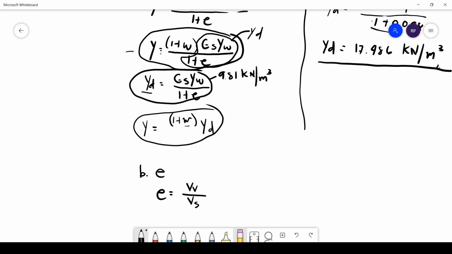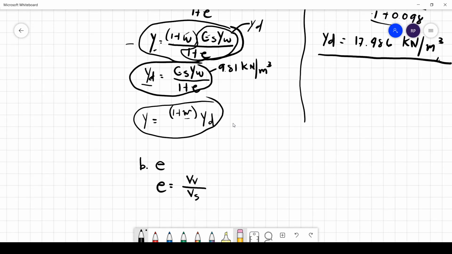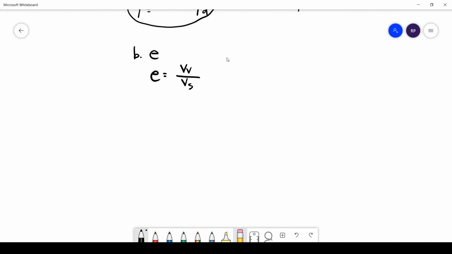Ito, yung moist unit weight. Meron naman tayong moist unit weight. Meron rin tayong moisture content, specific gravity, unit weight of water. So, void ratio E lang yung kulang sa equation. So, we can use those equations. And, okay, kunin ko na lang yung longer equation.